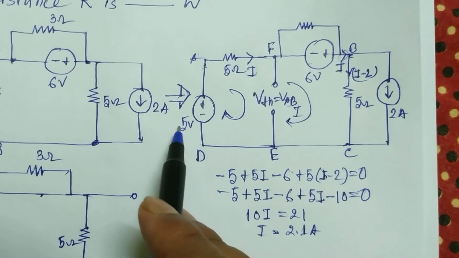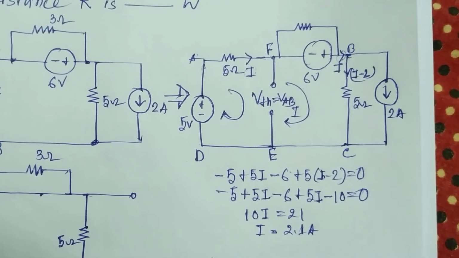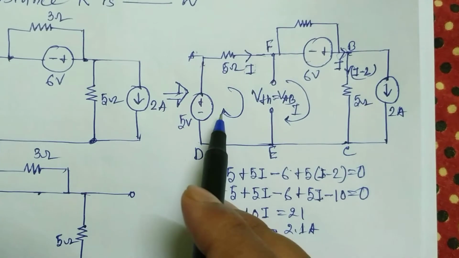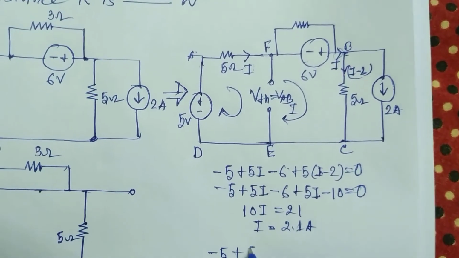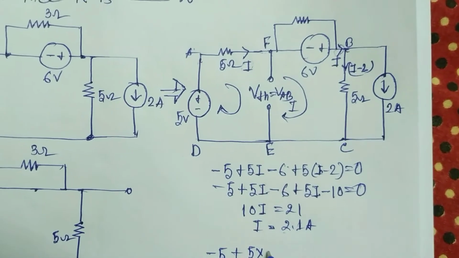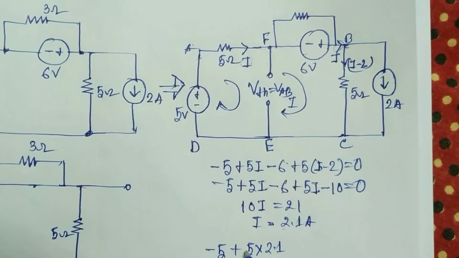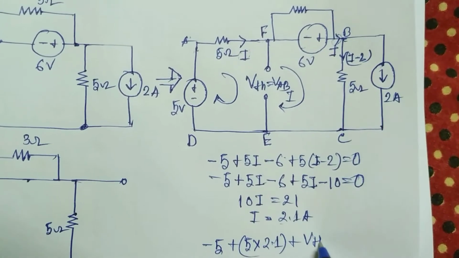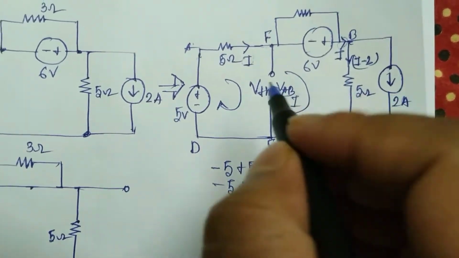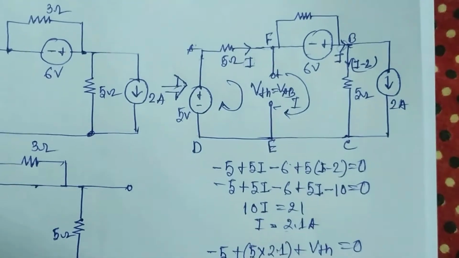First the minus sign of the 5 volt, so minus 5, and then 5I, so plus 5 into 2.1, and plus VTH equals 0.